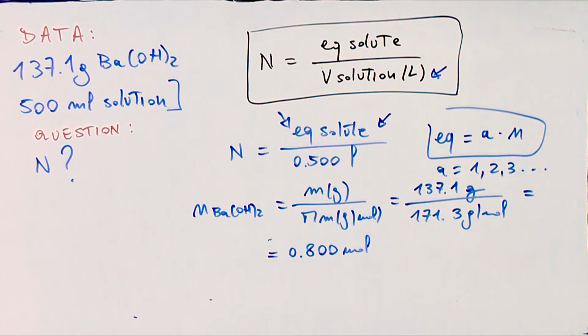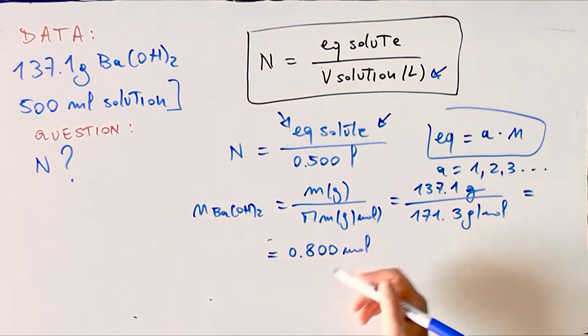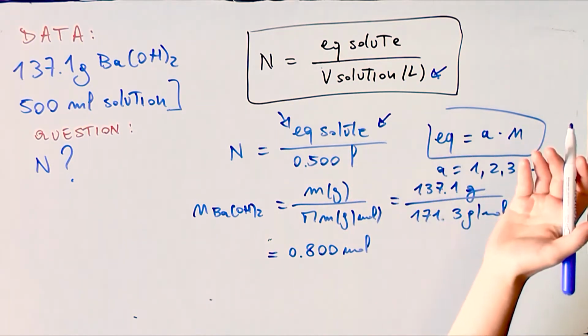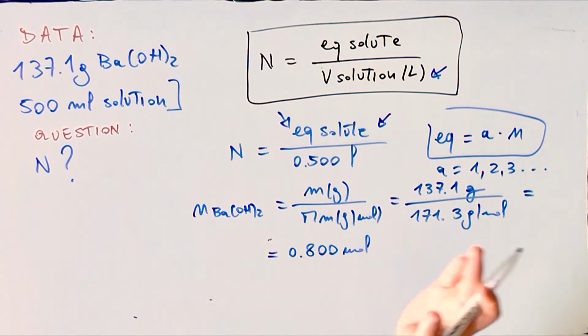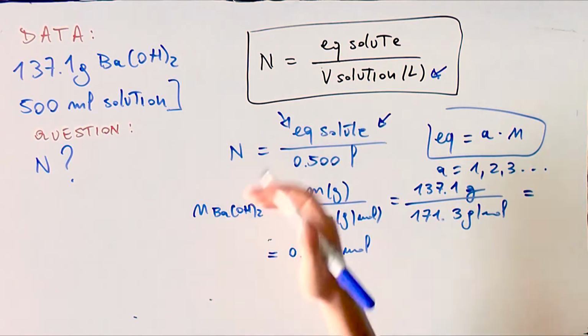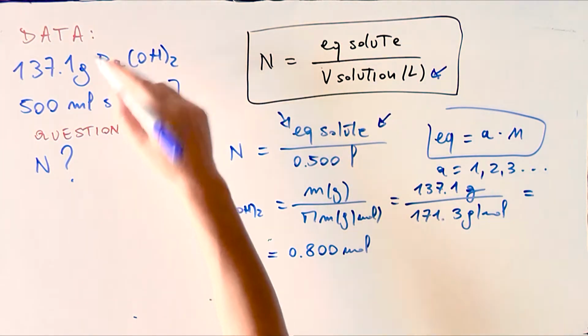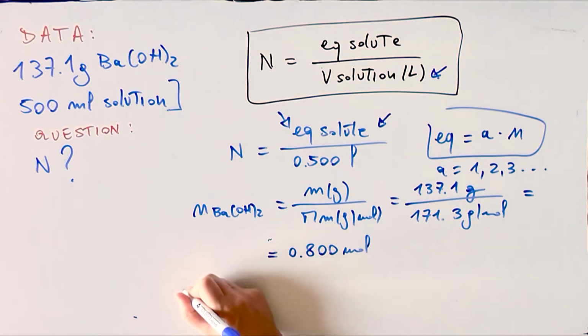Yes, we have the mole. If we wanted to calculate molarity, it was sufficient to have just mole, and then you have already the volume of solution, and you have already molarity. But this problem is asking us normality, so we need to do one step more. We need to see what the behavior of this barium hydroxide is in water, which is its solvent.